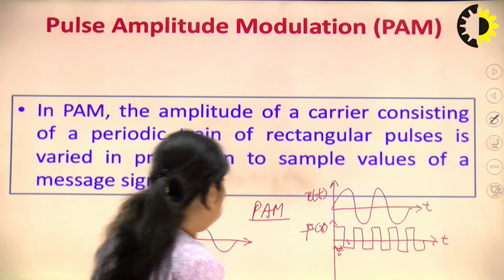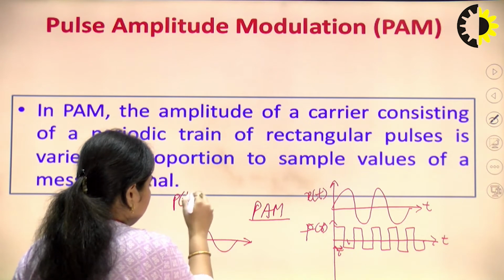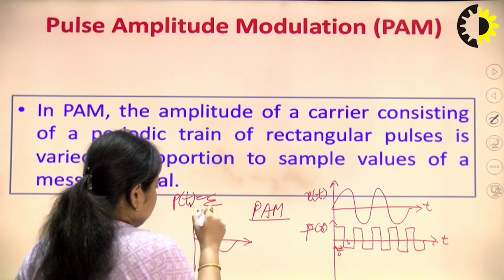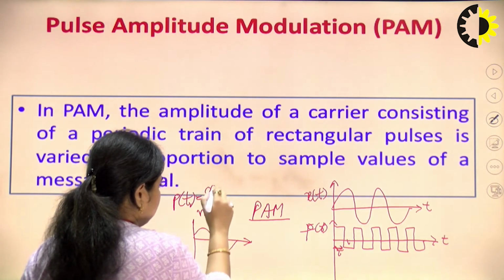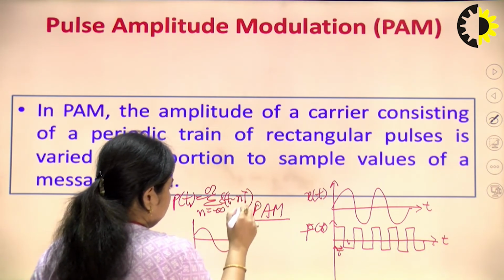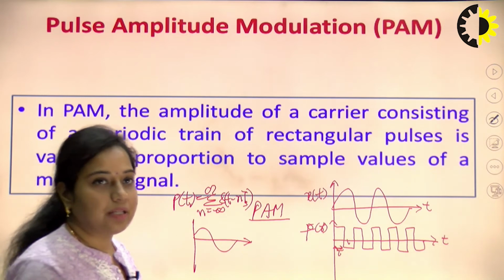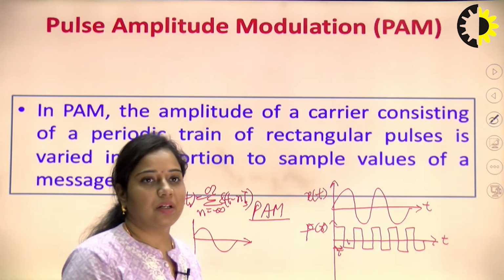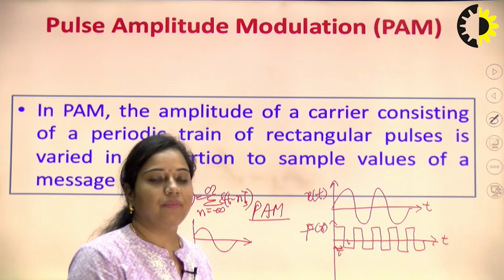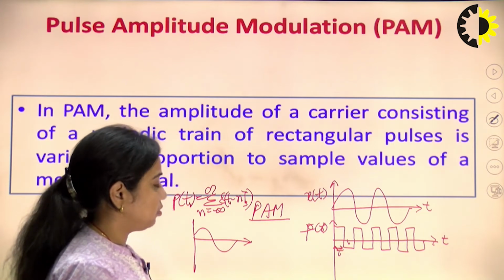Now this p(t) can also be represented using the formula summation n from minus infinity to infinity of delta(t minus nTs). What is Ts? Ts is the sampling time that we have considered, and it is inversely proportional to the frequency of the sampling that we have used.